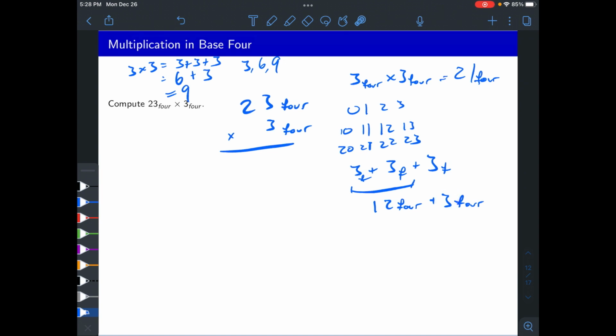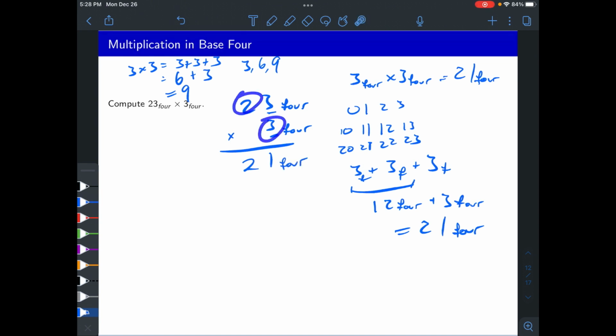What can I borrow from this to make a group of 4? Well, I can borrow 2 from this, and be left with 1 left over. Because the 1, 2 base 4 is really 1, 0 plus 2 base 4, and then the 2 and the 2 will make another group of 4. So we have 1 group of 4 here, 1 group of 4 here, and then 1 left over. So that's equal to 2, 1 base 4. So 3 times 3 base 4 is equal to 2, 1 base 4.